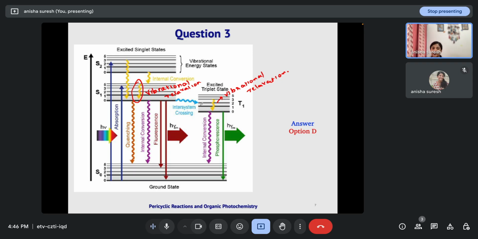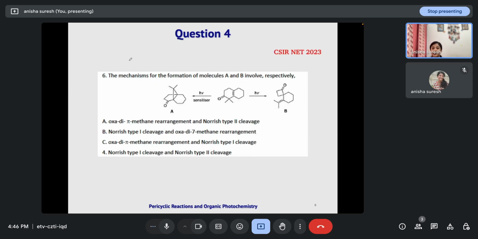Now coming to question number 4. The mechanism for the formation of molecules A and B involved, respectively. This was a question asked in CSIR NET 2023. This is the starting material. Under direct photo irradiation it will give product B, and if it undergoes photo irradiation in the presence of a sensitizer, it will give product A. What is the mechanism involved in the formation of A and B?